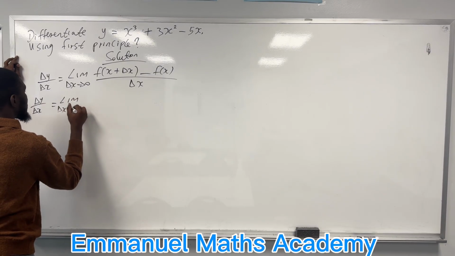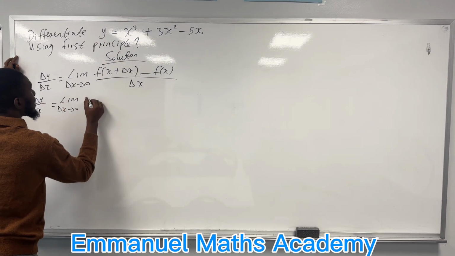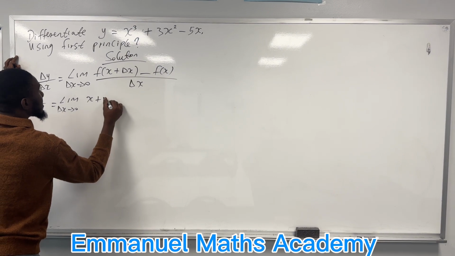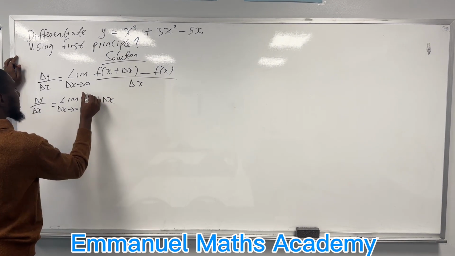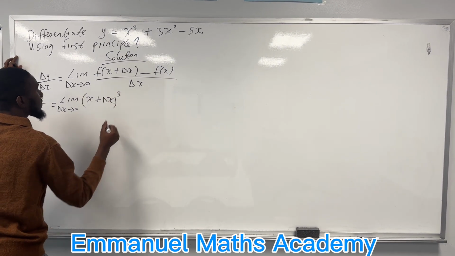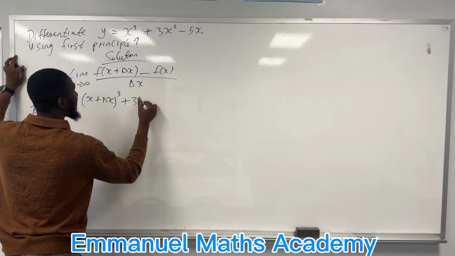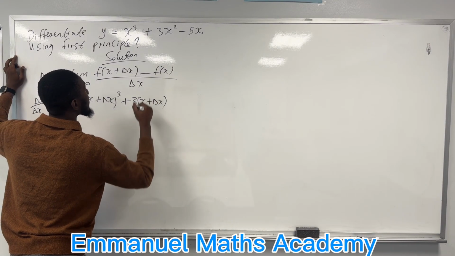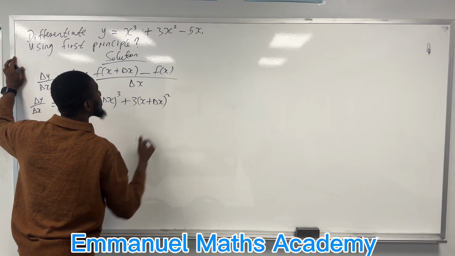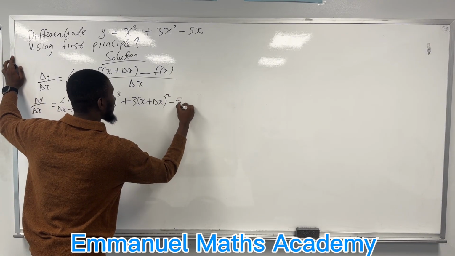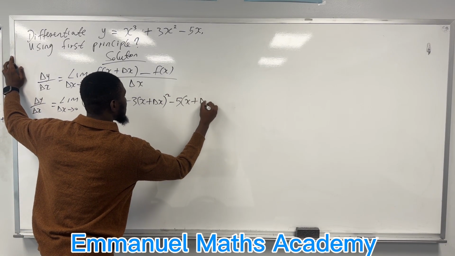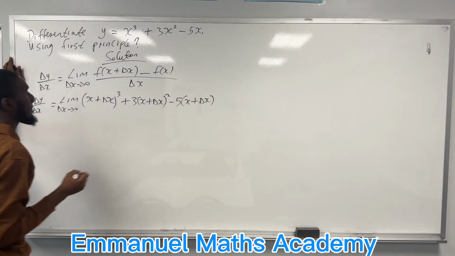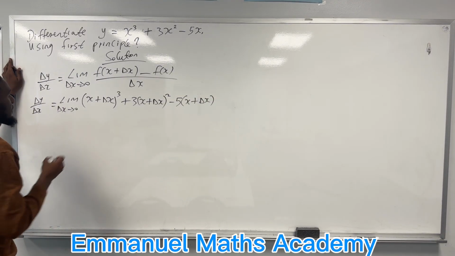x tends to 0. Here we have x plus change in x power 3 plus 3 times x plus delta x power 2, right? Minus 5 times x plus change in x, right?